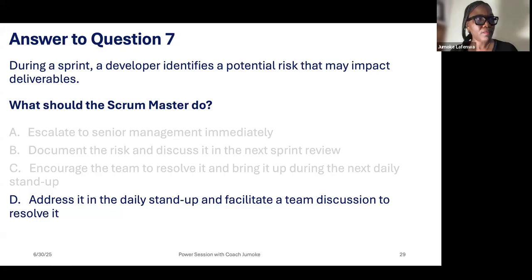Okay. A, this potential risk that you have identified, then the Scrum Master will do what is likely, because it becomes an impediment. And part of what the Scrum Master does is to remove impediments. So D is the answer. No other option is close to D.